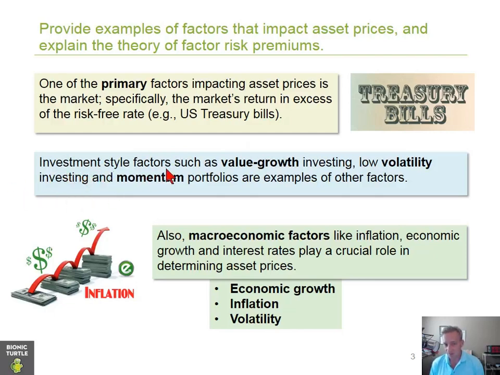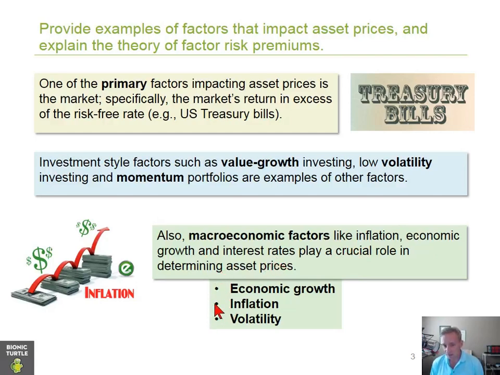Then we have investment style factors, where value is a factor, low volatility is a factor, and momentum is a factor. I think, according to some research, momentum is actually the best performing factor. And then we have macroeconomic factors, for example inflation, economic growth, and interest rates.